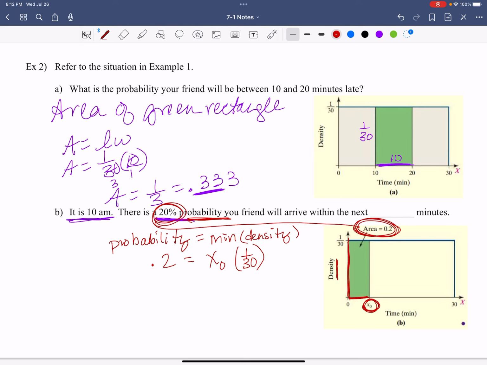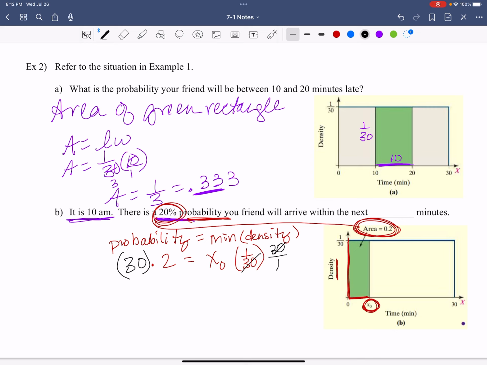Now, how do I get rid of a fraction? So we have my minutes times this fraction. How do I get rid of that fraction? Because my goal is to get the minutes by itself. So you multiply by the reciprocal, right? So I'm going to multiply here by 30 over 1.